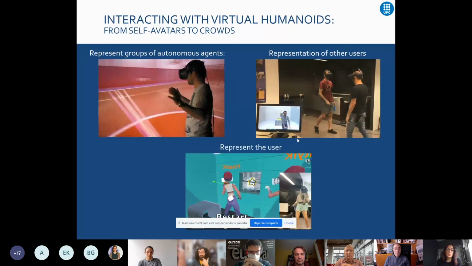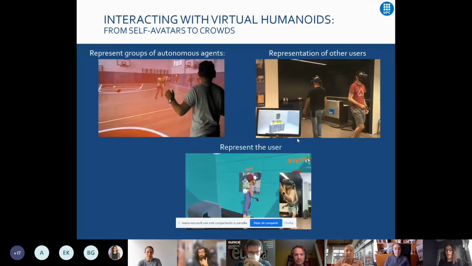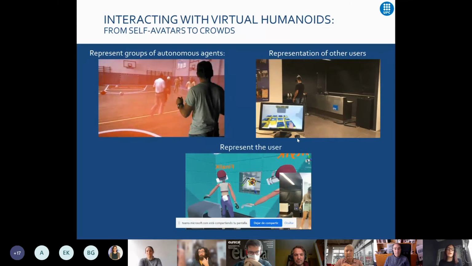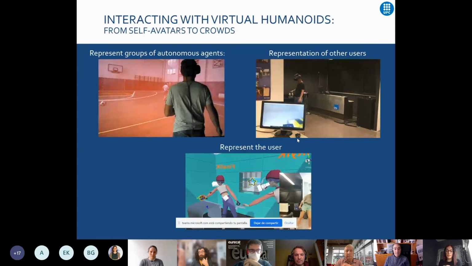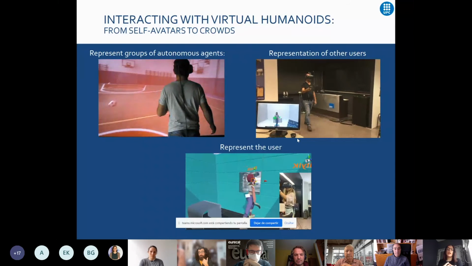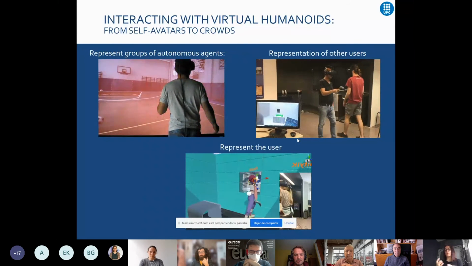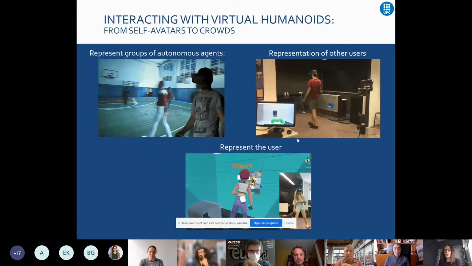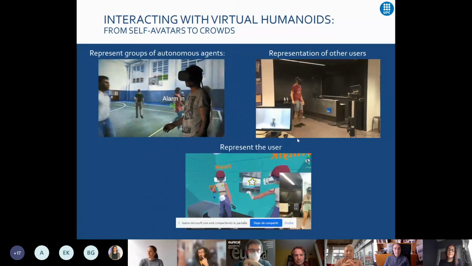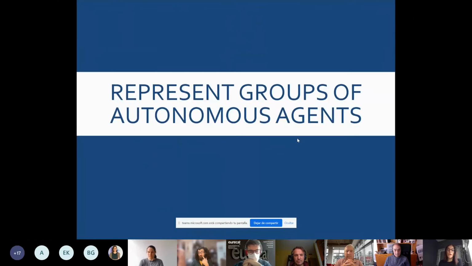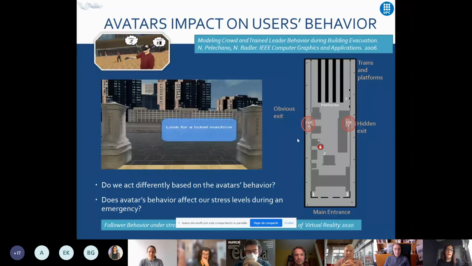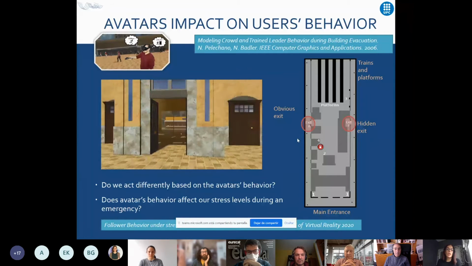And finally, we're also working on animating your self-avatar correctly, so that when you're immersed in virtual reality and have a first-person view of your own avatar, we can guarantee that the movements of the virtual avatar will be as similar as possible to yours, hopefully with just sparse input data, just a few trackers.